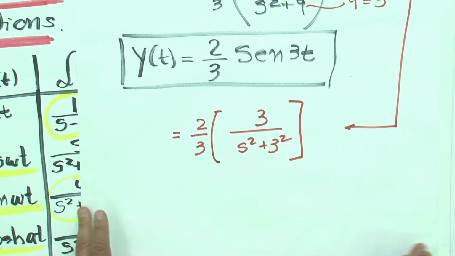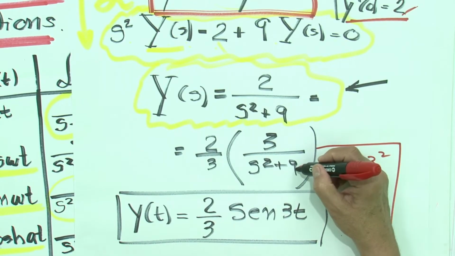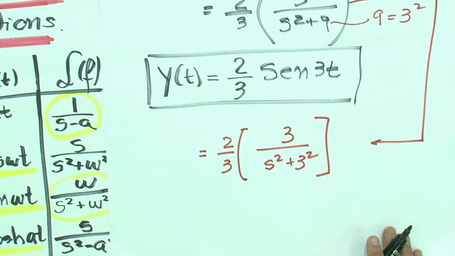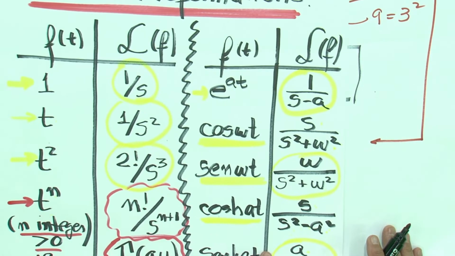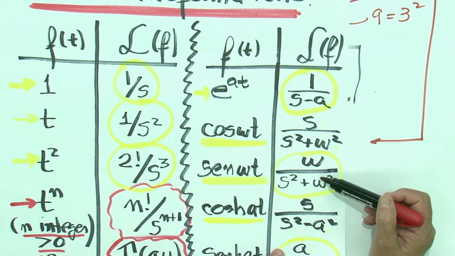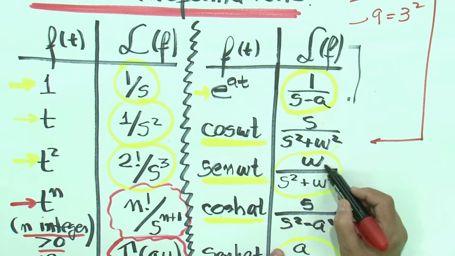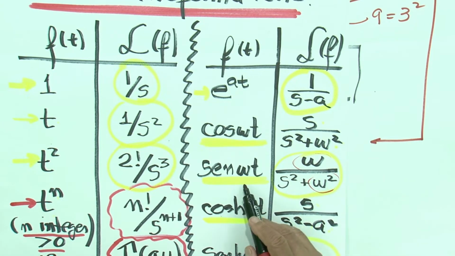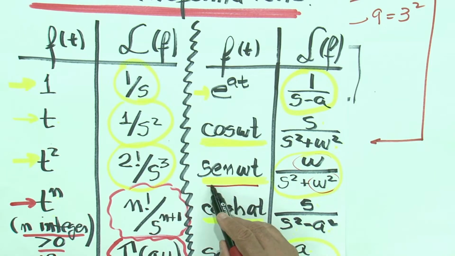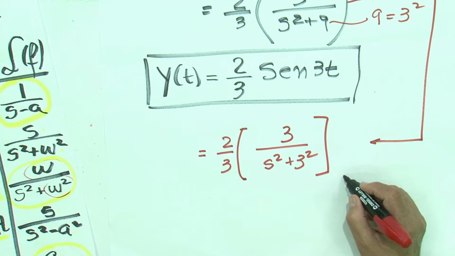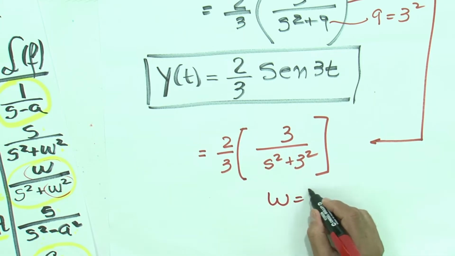In the place of 9, the way I wrote it, here I have the square. And why did I do that? Because immediately I identified that if I have a Laplace transform of a function that is omega divided by s squared plus omega squared, this must be a sine function. And what is omega here? Omega is equal to 3.